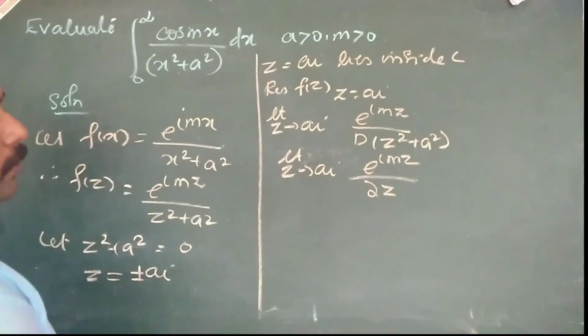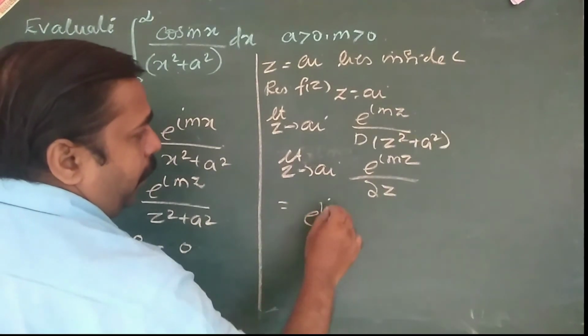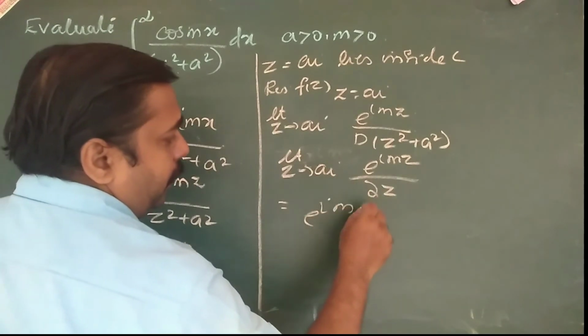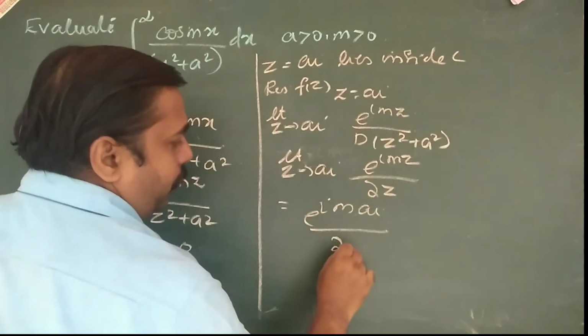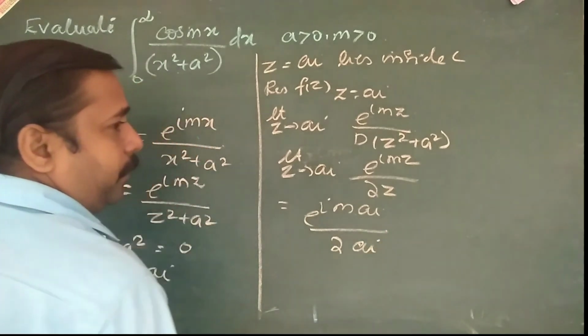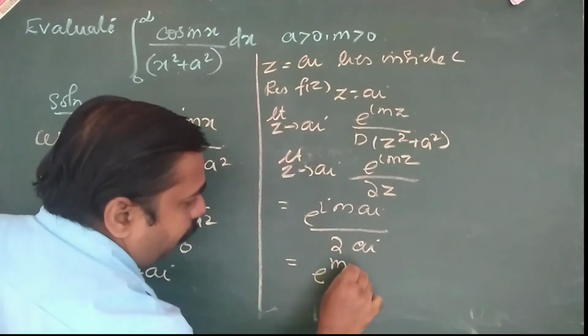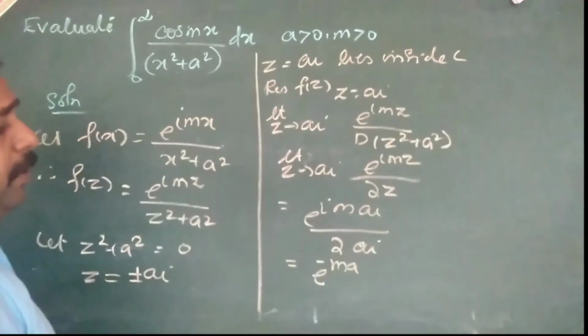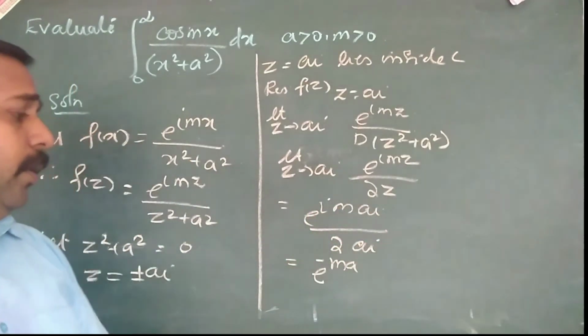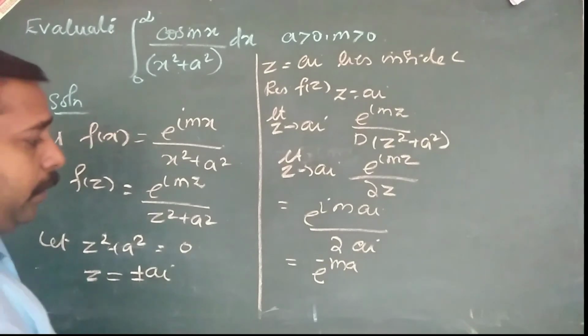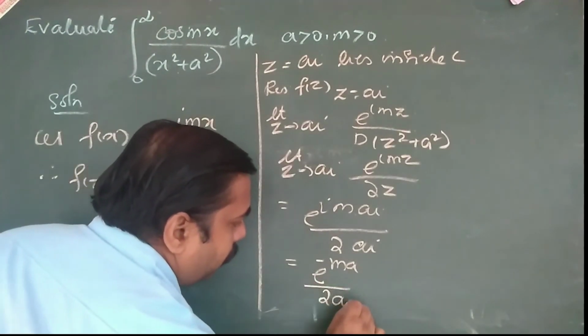Now we can apply the limit. So this is equal to e raised to im, what is z? ai whole divided by 2 into ai. So that is equal to e raised to m minus a, because i into i is equal to i square, that is equal to minus 1, divided by 2 ai.